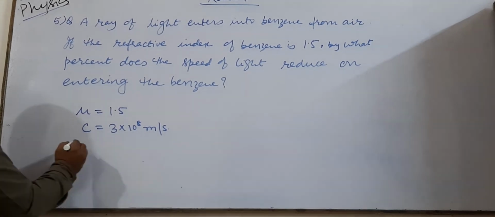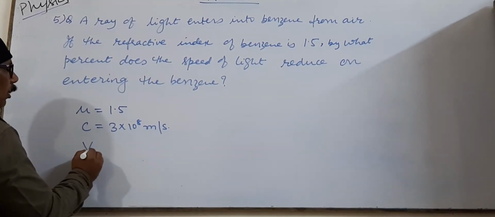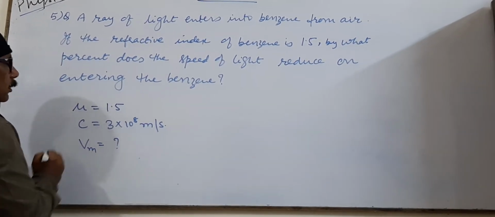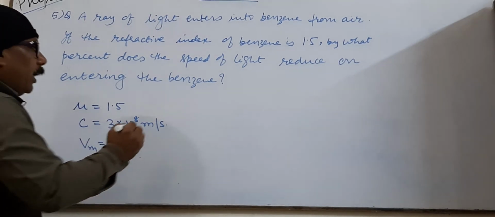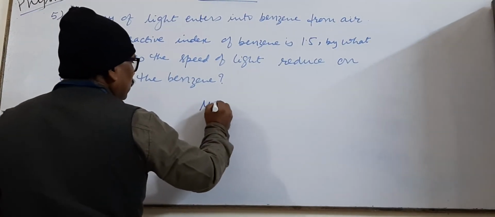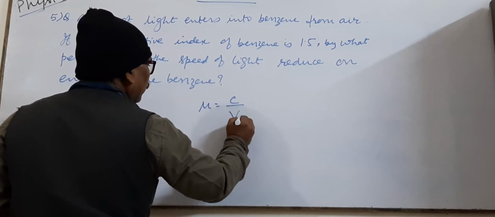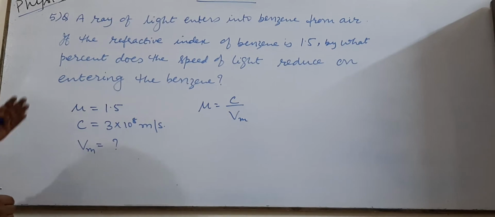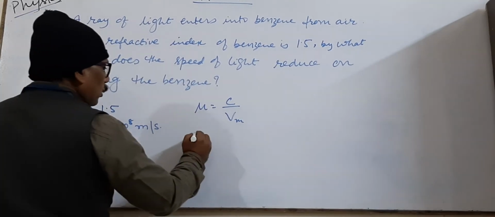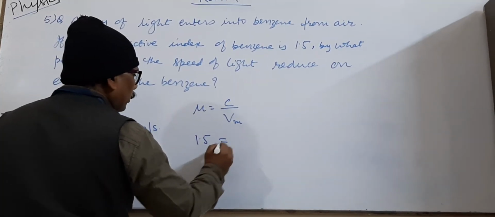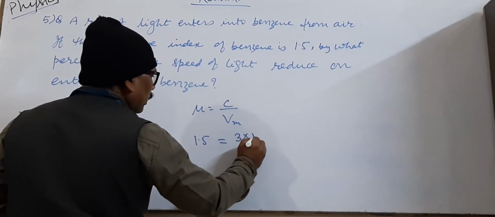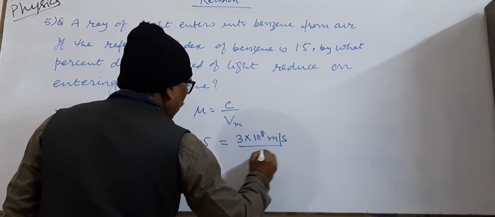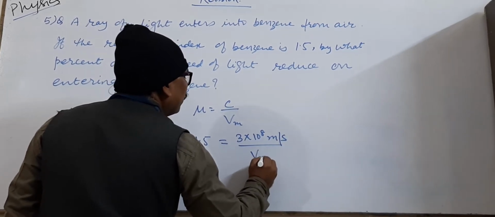You have to find out the velocity of the light in medium, that is benzene. Again, the formula used is mu is equal to C upon Vm, or velocity of light in the medium. Here medium is benzene. Mu is given 1.5.